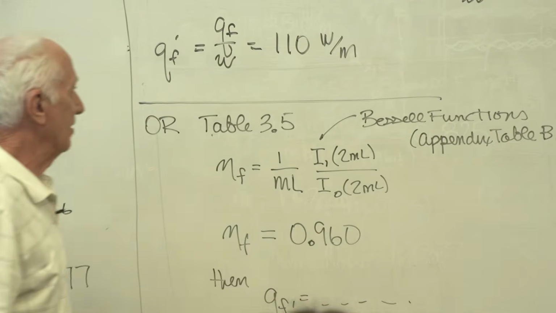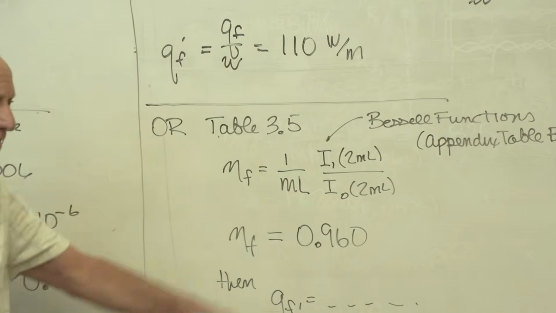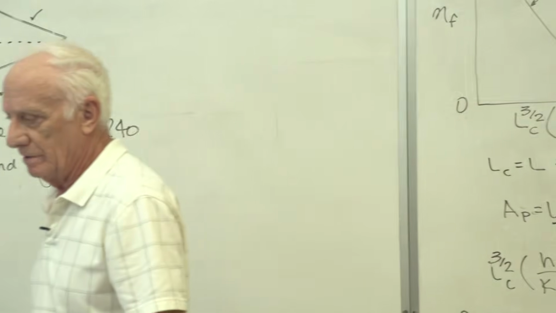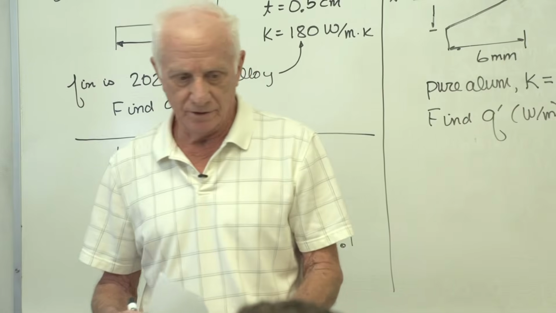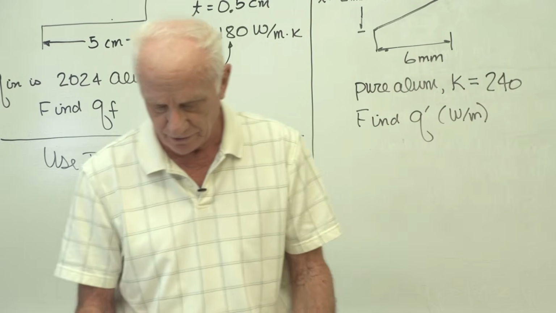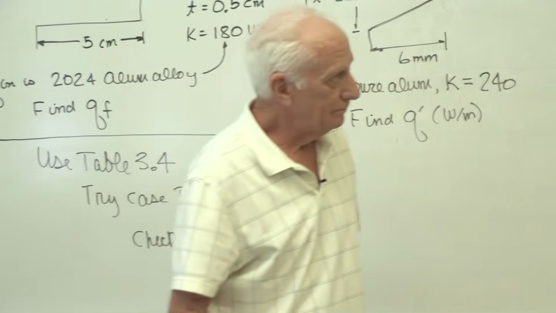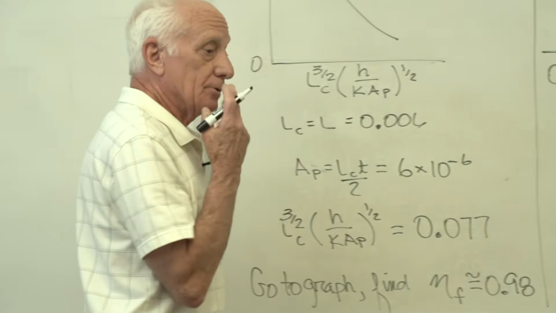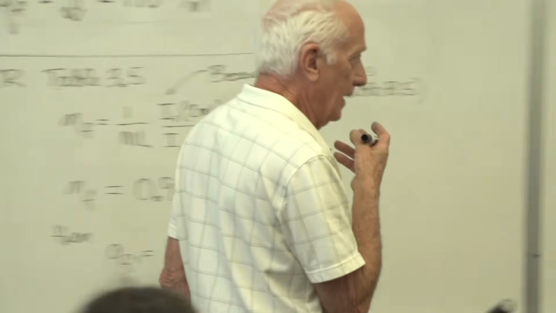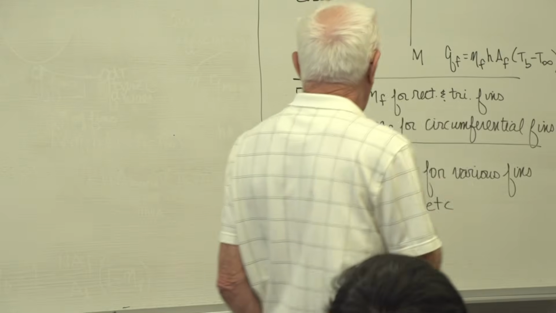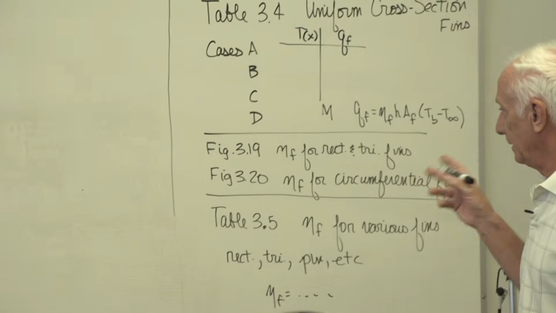I didn't calculate that out. It's going to be less than 110, probably 107.5. It's good. The Q's agree very well. So your choice for the triangular fin: no on 3.4, yes on 3.19, yes on 3.5.